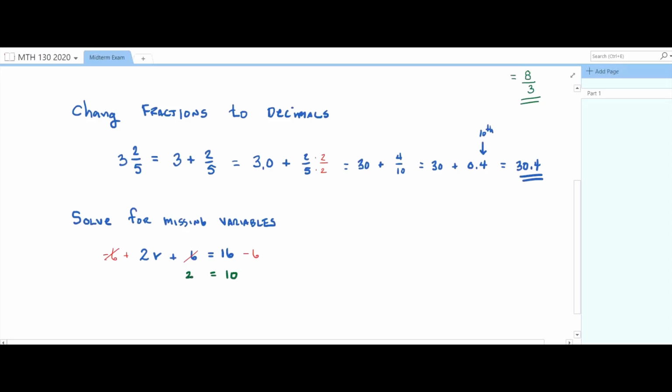And on this side I have 2r. So now I can divide by 2. If I divide this side by 2, I have to divide this side by 2. And 10 over 2 equals 5. 2 over 2 equals 1r equals r. So r equals 5.